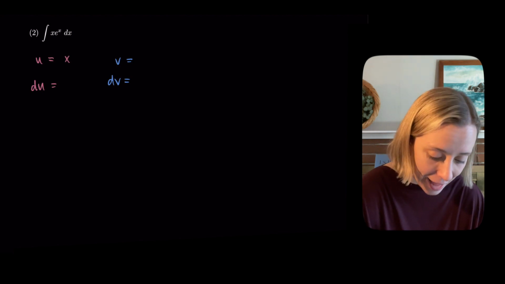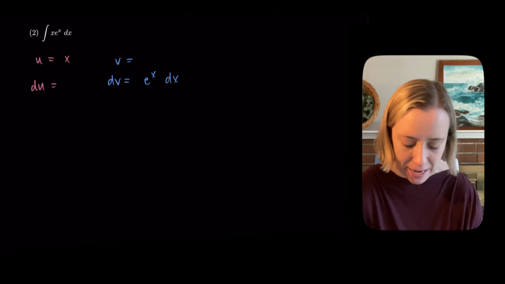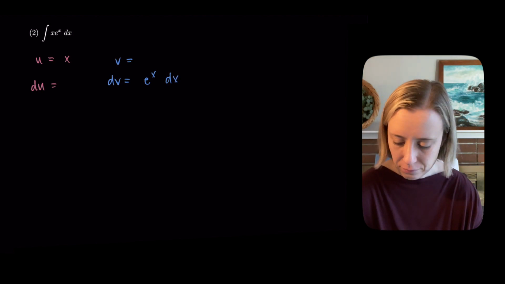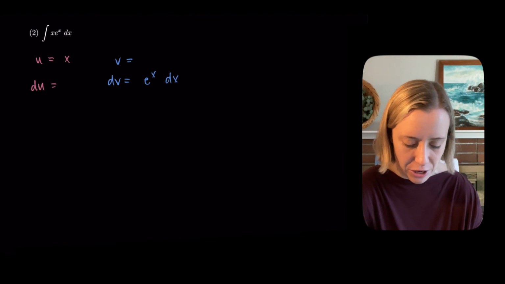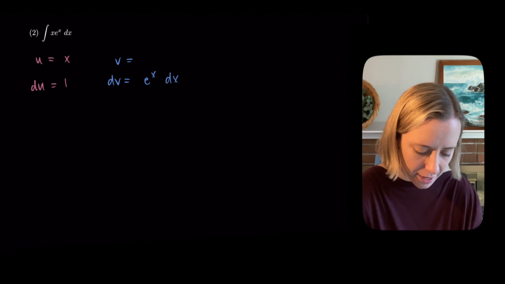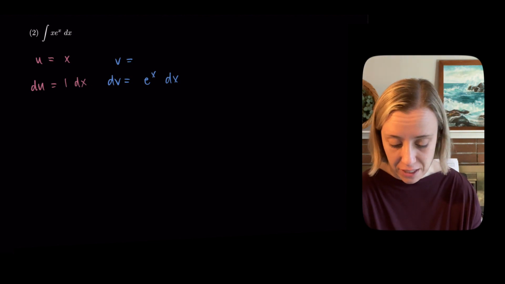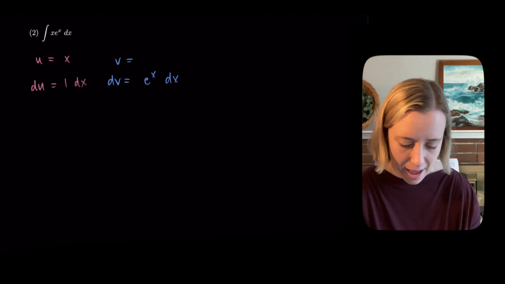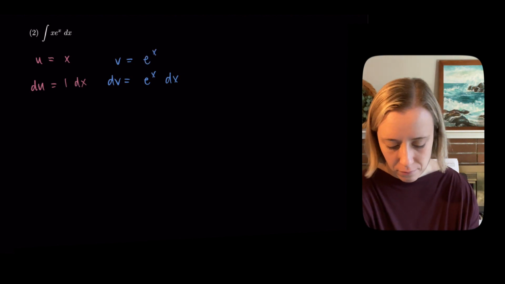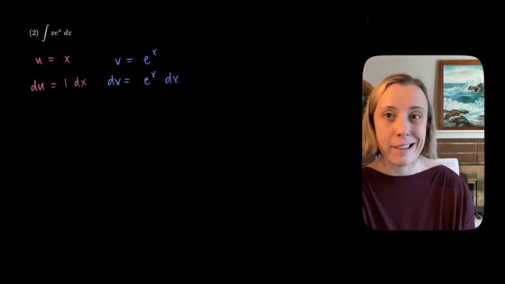So I'm going to choose x as my u, and then I'll choose e to the x dx, that's the remaining part, as my dv. Now we compute du, the derivative of u is just the derivative of x, which is 1 dx. And now we compute the antiderivative of dv to get our v, and that is e to the x. So we've essentially gone from x down to 1, and then the e to the x stayed the same.